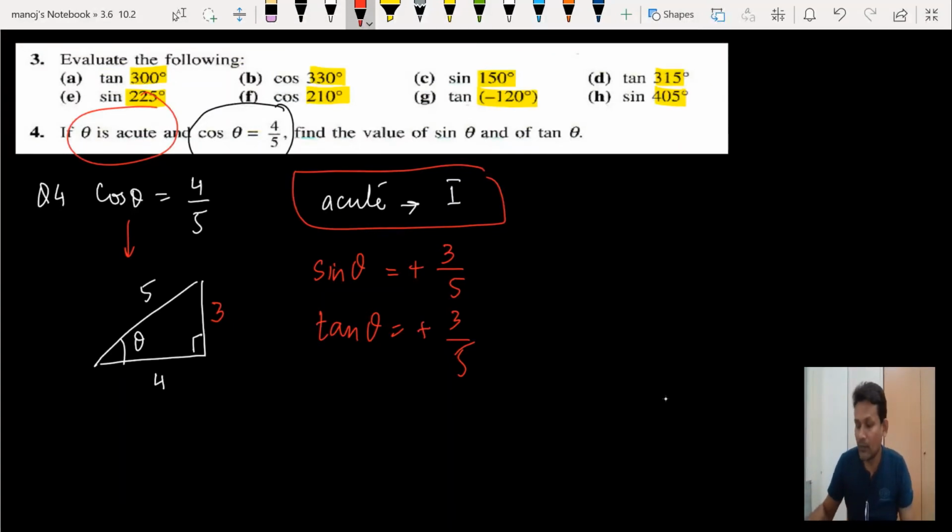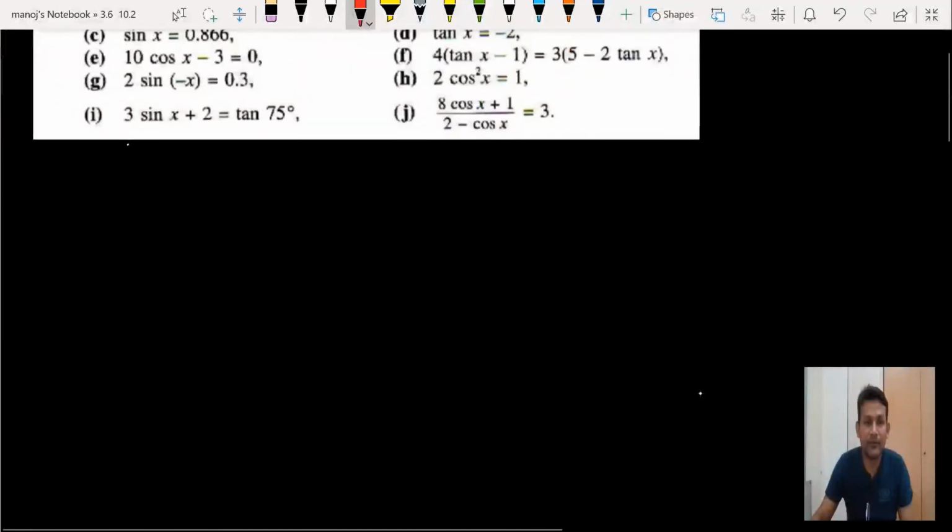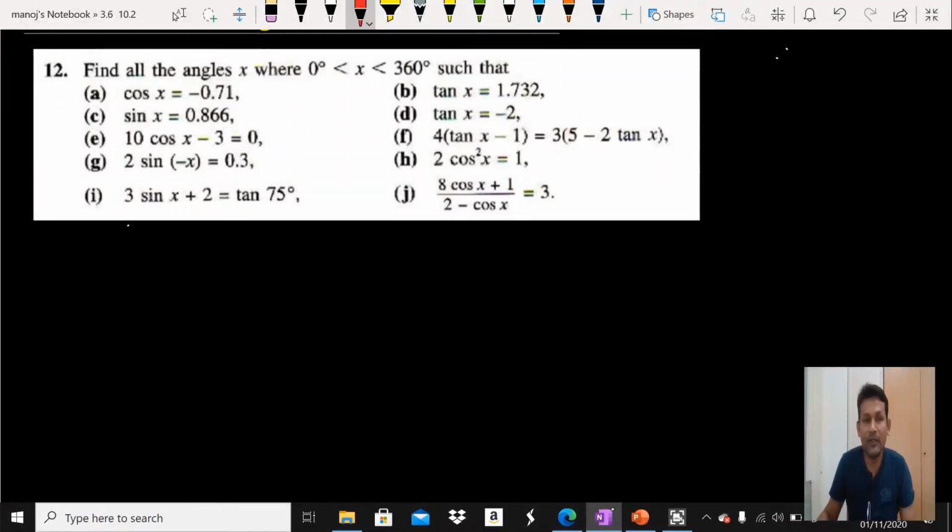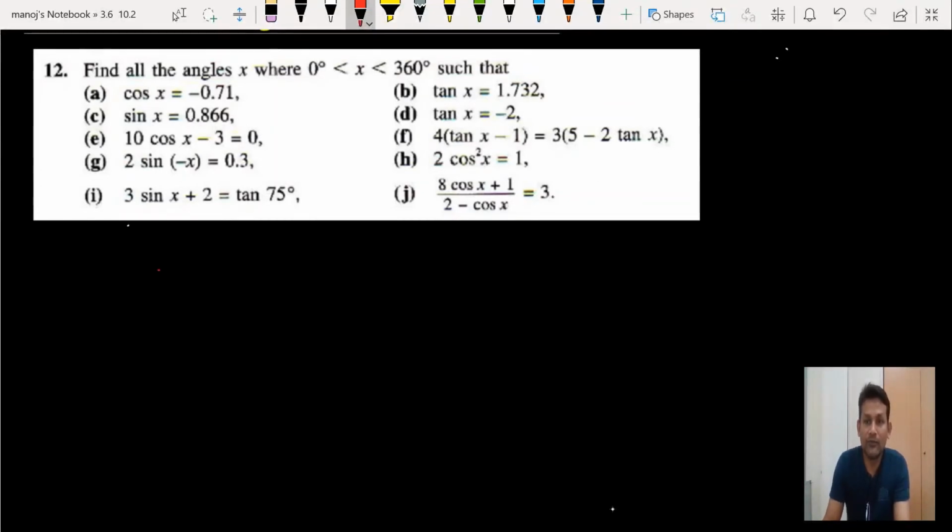Now I am moving to the most important part, which is question number 12. This is very important. Before starting question number 12, I would like to write some rules. I made some steps to solve these trigonometrical equations.